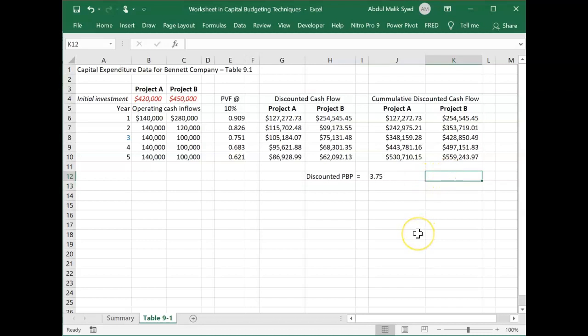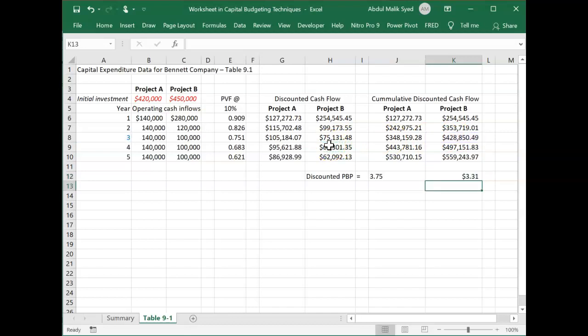So similarly, what is the discounted payback period for project B? It is also taking 3 years plus a fraction of a year, right? A fraction of a year means the project cost minus what I have received in the third year, divided by how much I am going to receive from the fourth year cash flow.